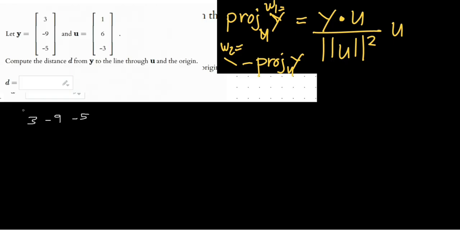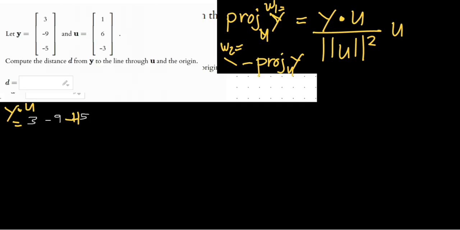So y dot u, you have to indicate that so you won't be confused. The dot product y dot u is equal to 3 times 1, plus minus 54, plus 15. Is that 15? Okay, plus 15 here because you only wrote 5.